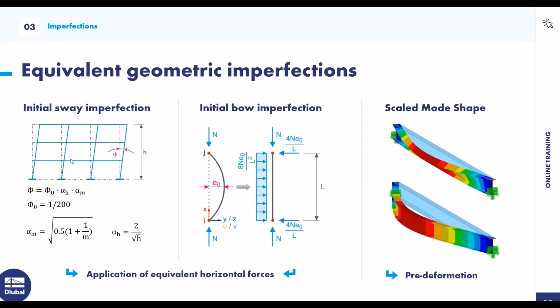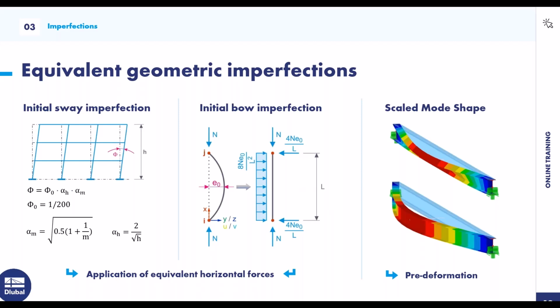On the left side of the graphic, you can see the initial sway, the global imperfection that can be applied to the structure. And if individual components are to be examined more closely, there is the local equivalent imperfection, for example, an initial bow imperfection. This depends on the selected profile, the yield point, the buckling curves and the proof method.